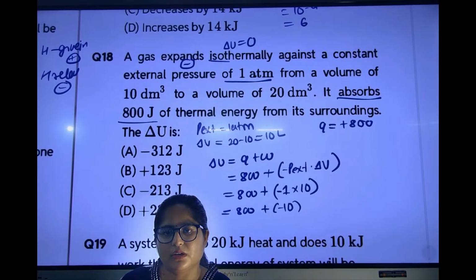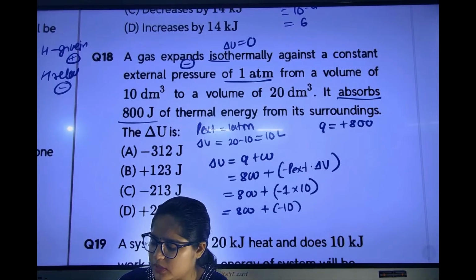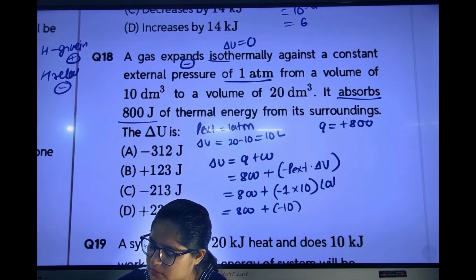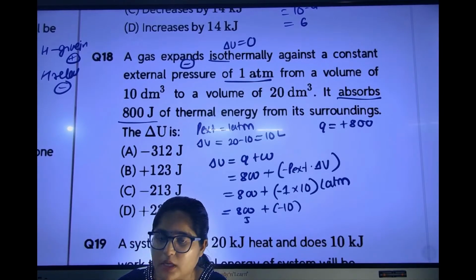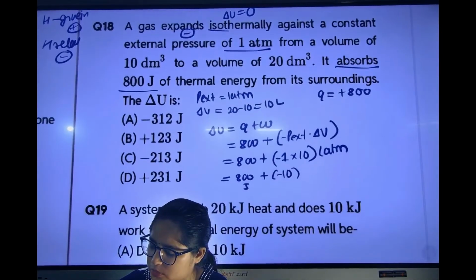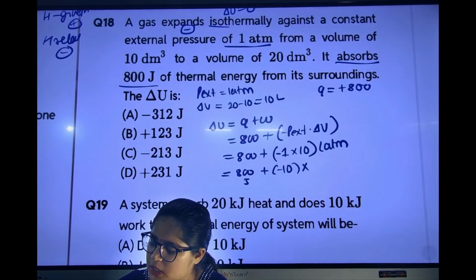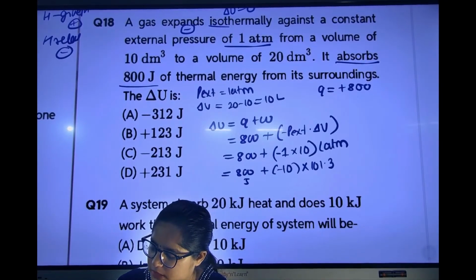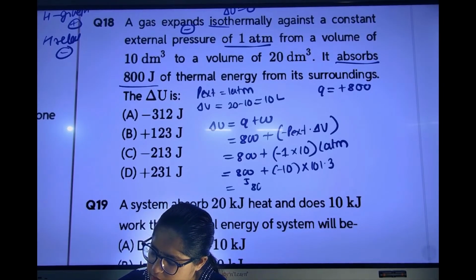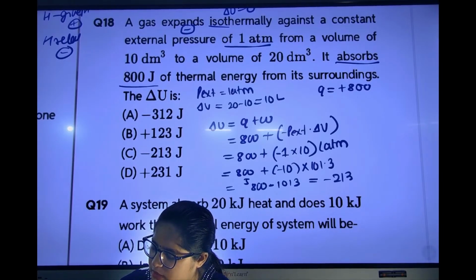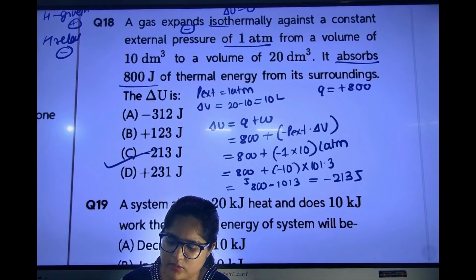Please don't reduce 800 by 10 here. How will you reduce? It is liter atm, and 800 is joule. So we will first convert it into joule, multiplying by 101.3. When you multiply by 10, it becomes 800 minus 1013, which comes to around minus 213 joule. Clear?